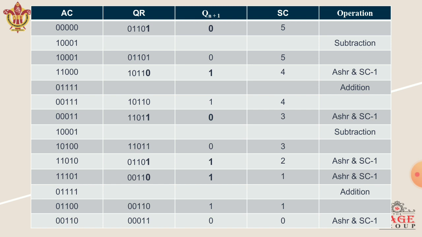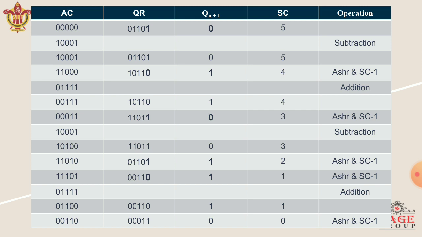So we perform the operation, that is add the value of BR bar plus 1 into the AC, which is equal to a subtraction operation. So in the operation part, write the subtract operation and add the value of BR bar plus 1, that is 10001, into AC. After adding, we get the value 10001, and the remaining values of QR, Qn plus 1 and SC remain unchanged.